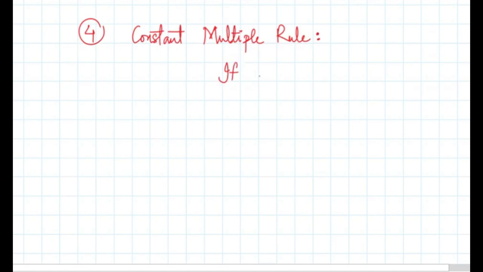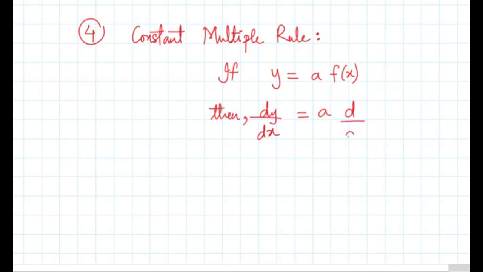If you have a function y in which a is being multiplied with some function of x, then the derivative of y, you're just going to take the a out and differentiate the function of x.